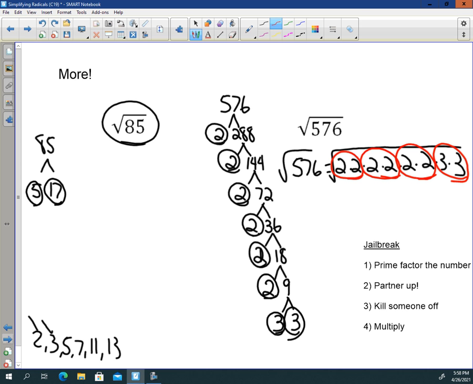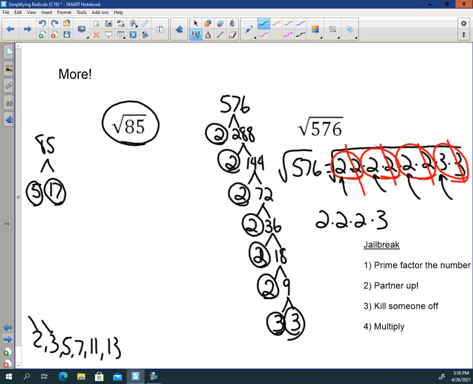And so it looks to me like I can kill one off from each of these, and everybody makes it out. In other words, this 2 times that 2 times this 2 times this 3.